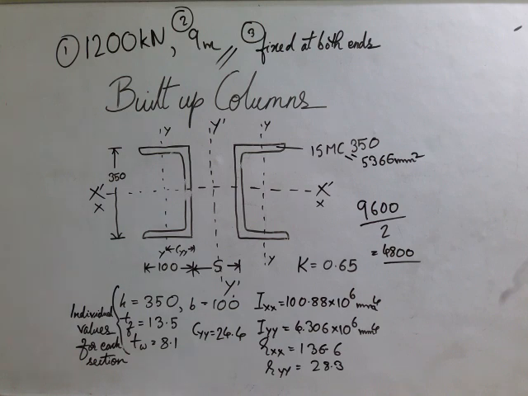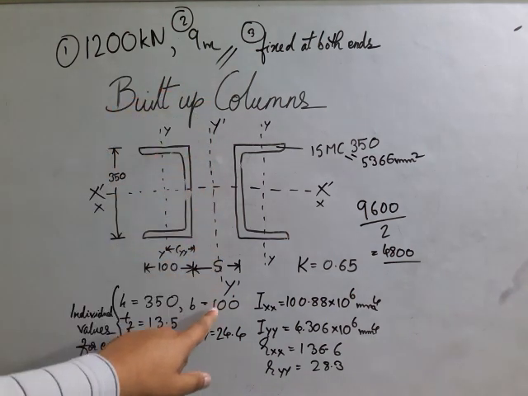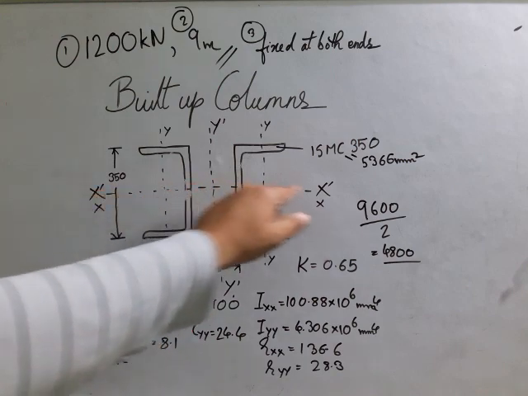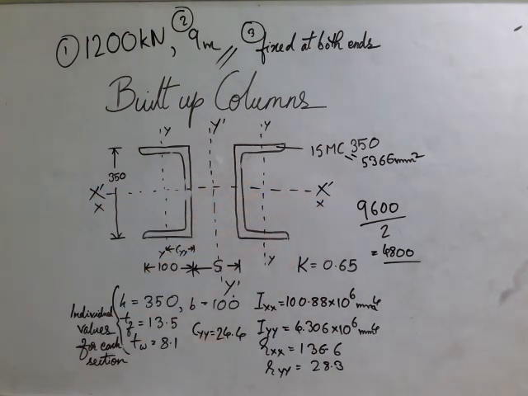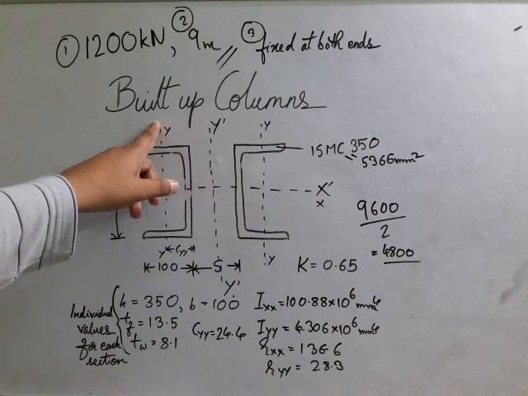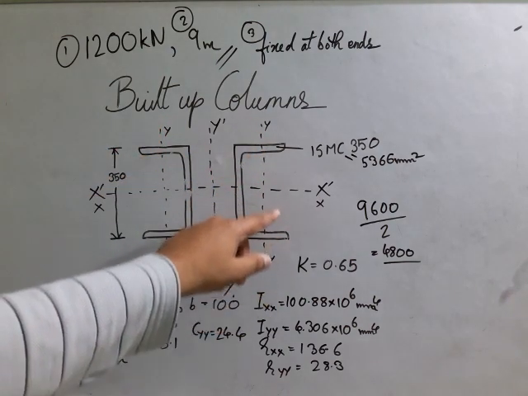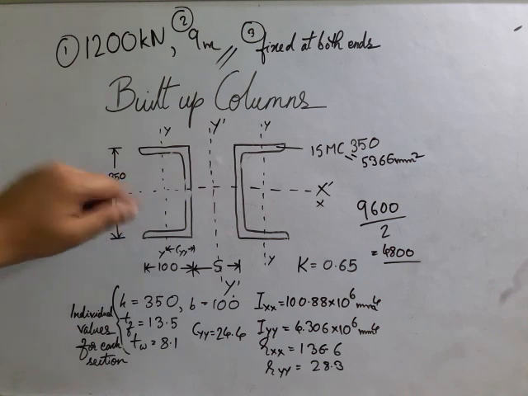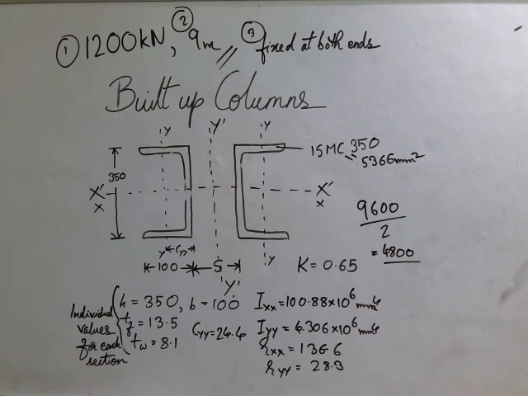Now let us go into the bigger picture. This is the y-axis of the built-up column and this is the x-axis of the built-up column. These were the y-axes of the individual columns, and these are the x-axes of the individual columns. Now, if you want to make a column stronger about both axes, what do we need to do?